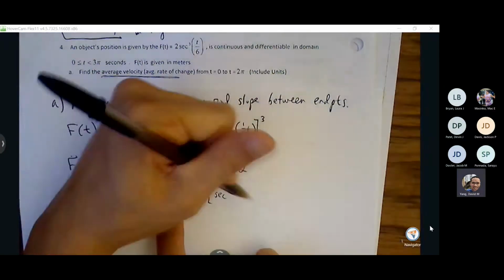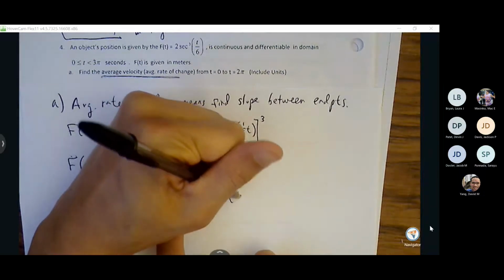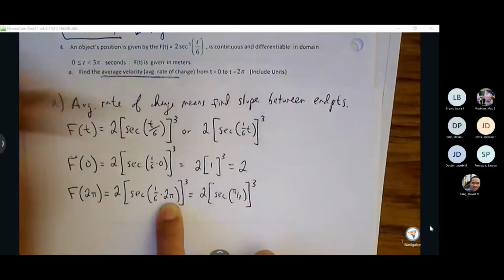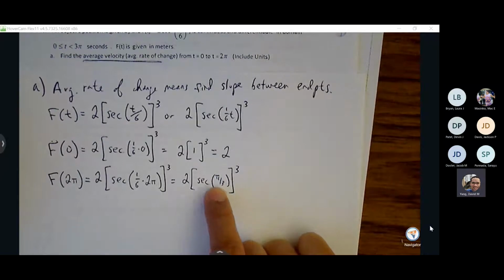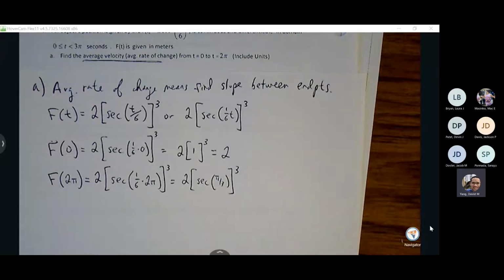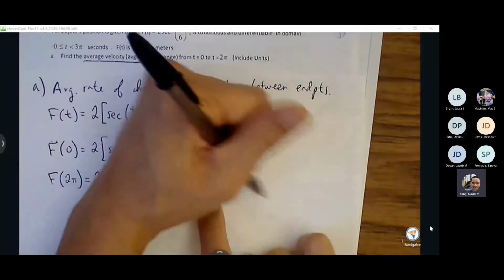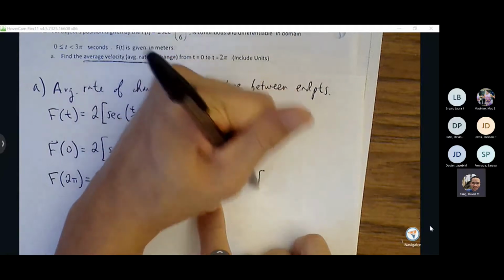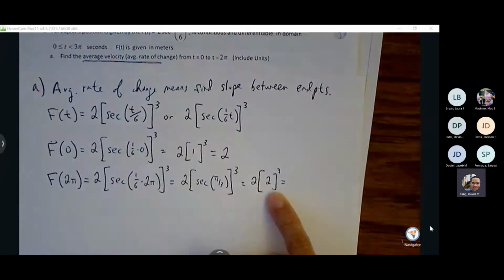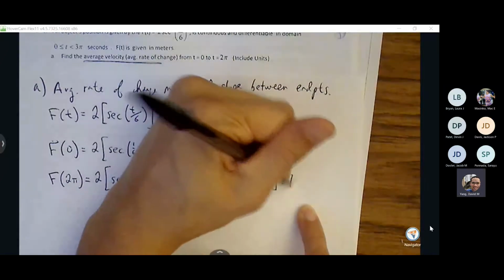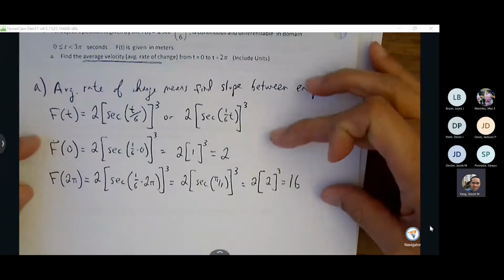Two pi over 6 is pi over 3. Secant of pi over 3 is the same thing as, well, first off, you can think about cosine of pi over 3. Cosine of pi over 3 is 1/2. If you flip 1/2 around, you get 2. Two cubed is 8. 8 times 2 is 16. There you have your ordered pair, right?